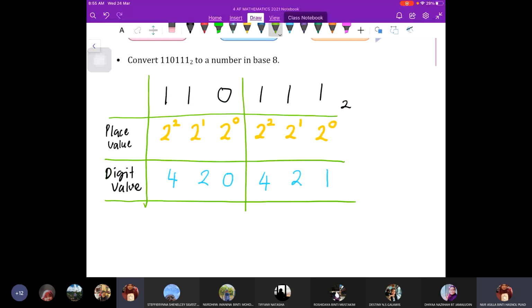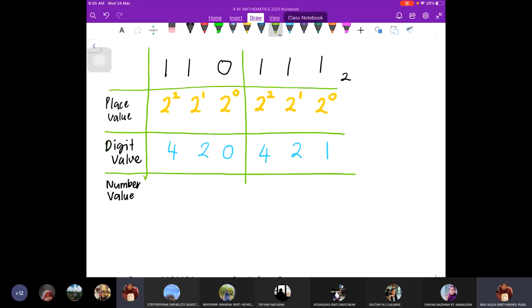Kita akan cari numerical value pula. Number value. Okay. Dah dapat number value ni. So number value kita tambah lah kan. So 4 plus 2 plus 0, kamu akan dapat 6. Then 4 plus 2 plus 1, you will get 7.